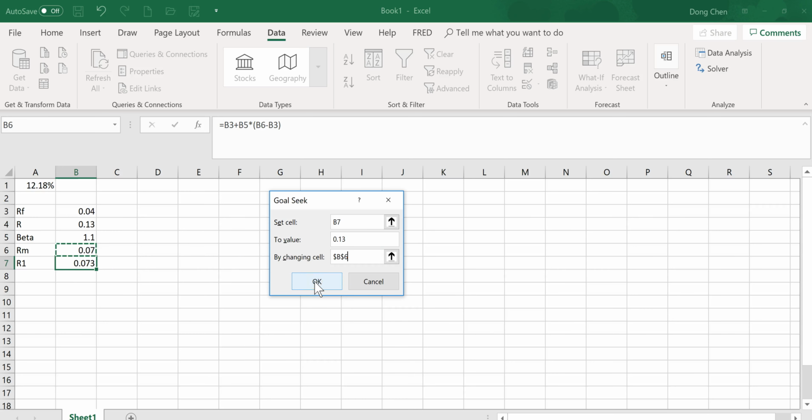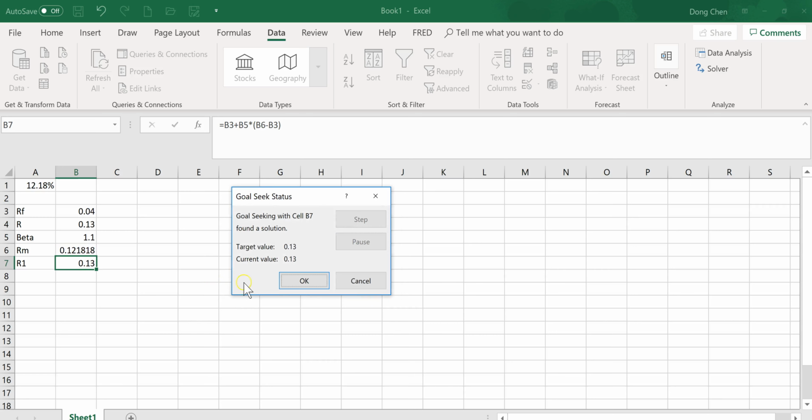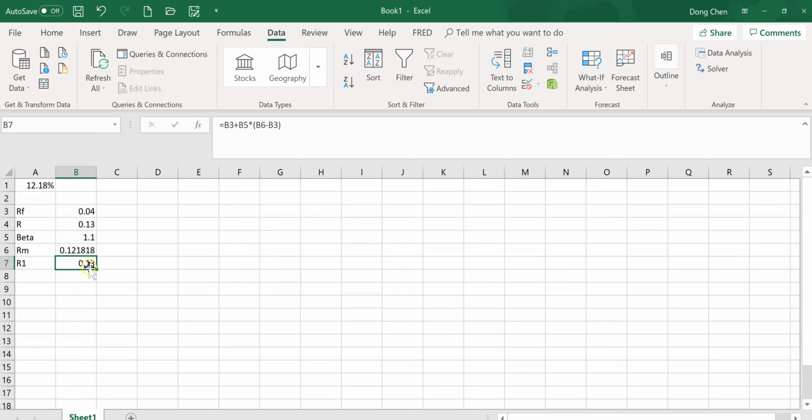Once I click OK, you see what happened. R_1 becomes exactly equal to R_i, 0.13, and that's exactly what we need. Only when R_M equals 0.121818 will R_1 be equal to R_i.